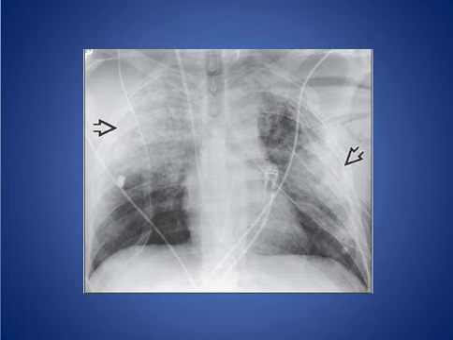Here we have a chest X-ray with bilateral airspace consolidation with air bronchogram sparing the central areas, in a patient with trauma and due to contusion.